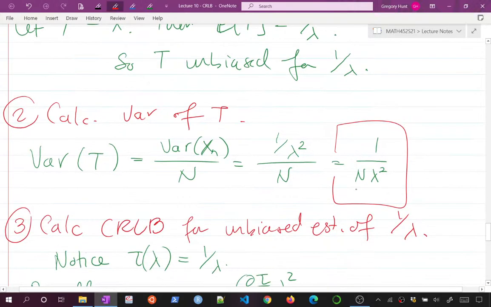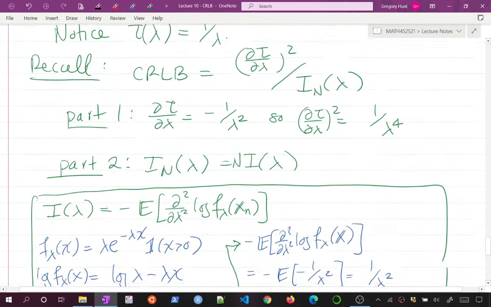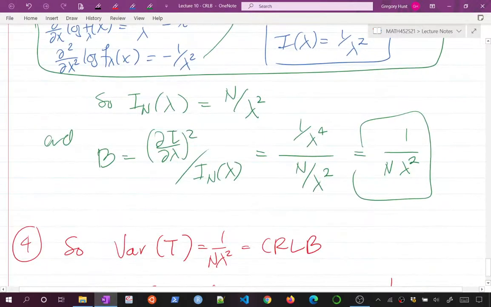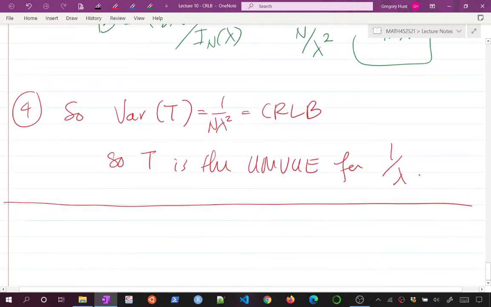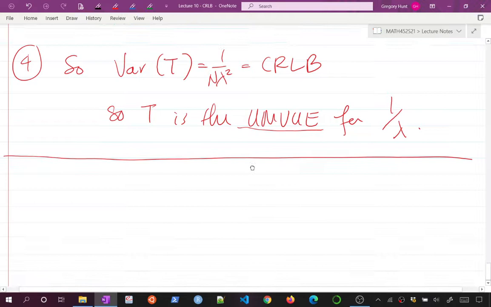Its variance is 1 over n lambda squared, and that variance achieves the Cramer-Rao lower bound. So it's impossible to get an unbiased estimator with a lower variance. Therefore, step 4, it is the best estimator. It's the UMVUE for 1 over lambda. That's the theoretical justification for why we do what we do.